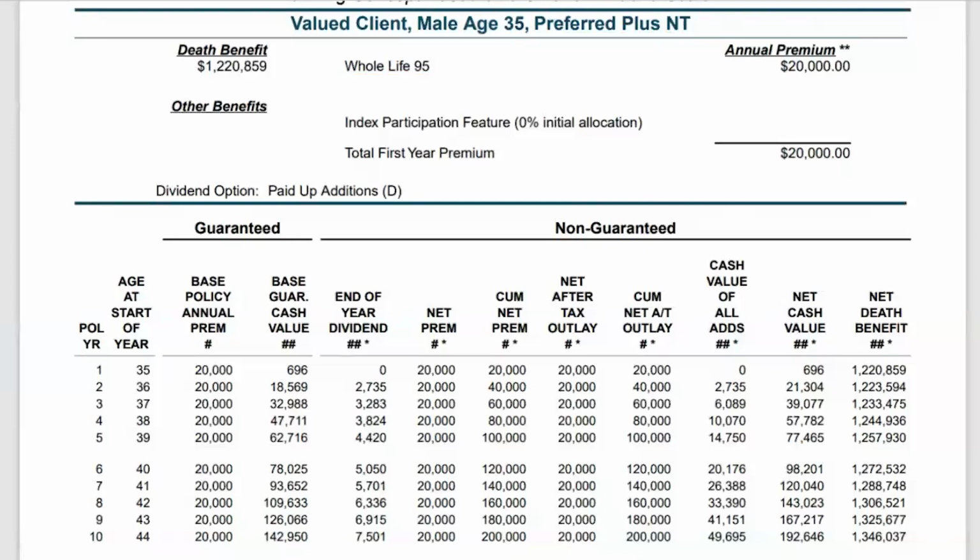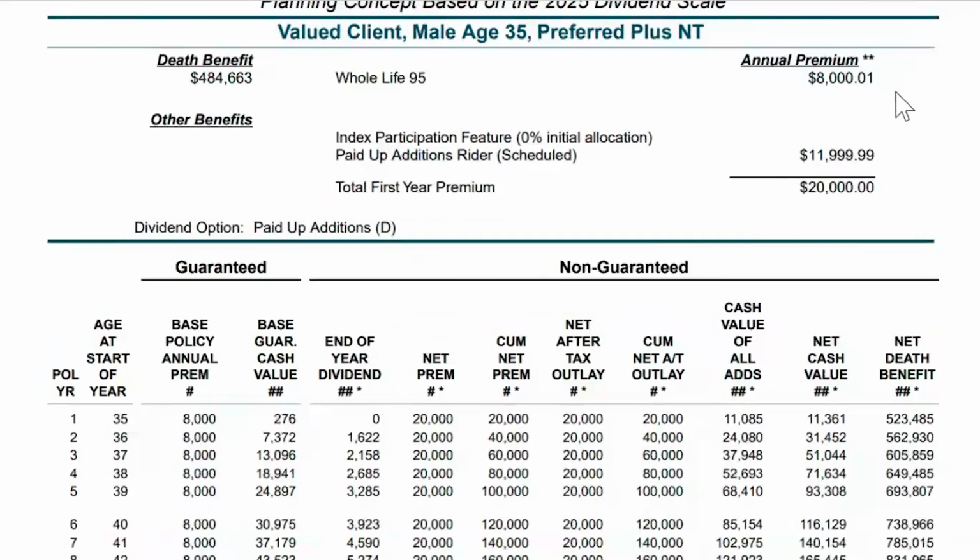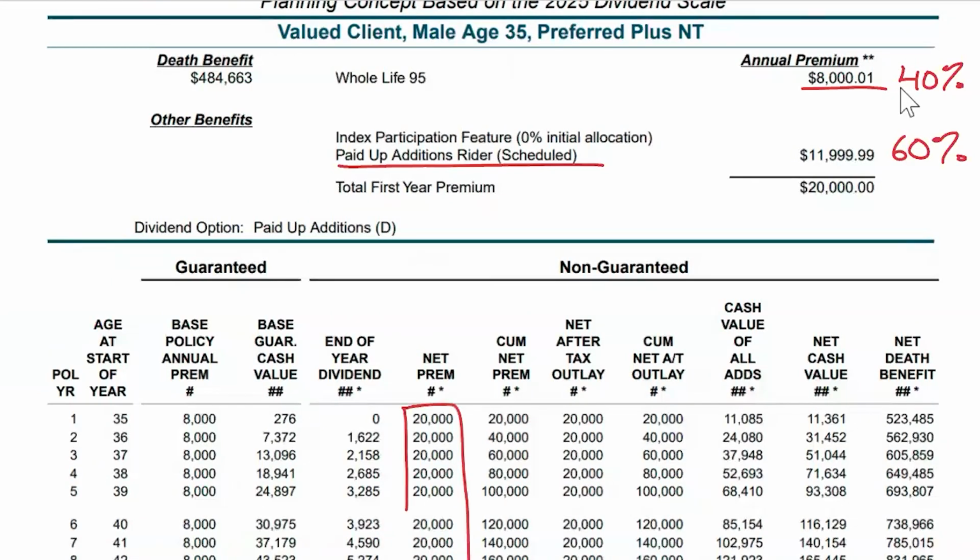Okay. Now, the next illustration is a design we see a lot in the infinite banking world. This is referred to as a 40-60 split, where 40% of his money goes toward the premium, and then 60% goes toward our paid-up additions rider. Okay. His out-of-pocket is exactly the same, $20K per year for 15 years.